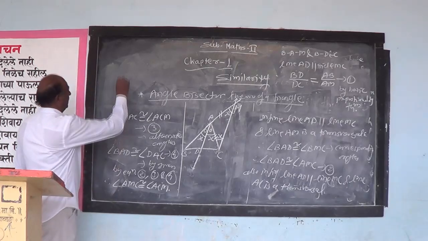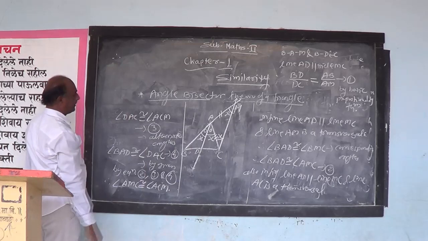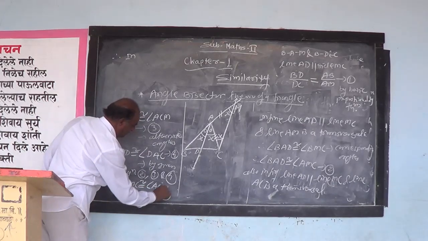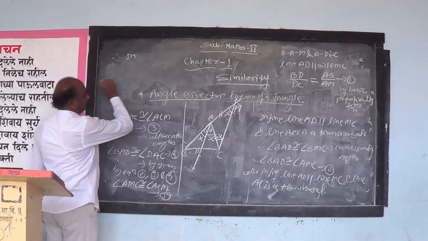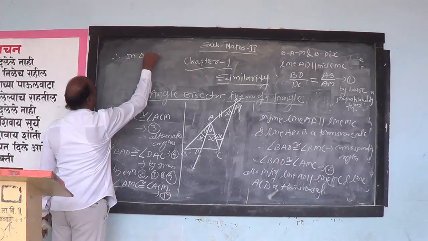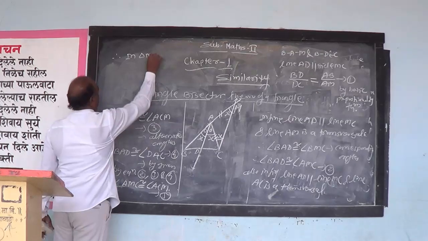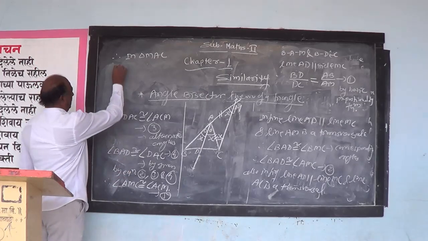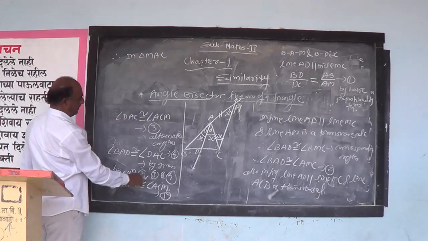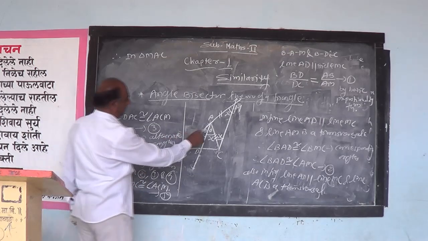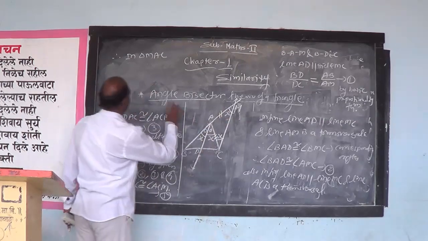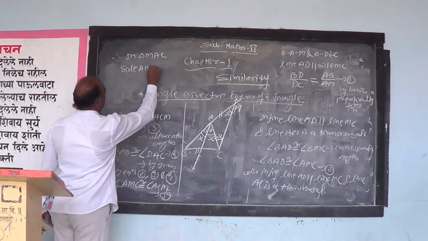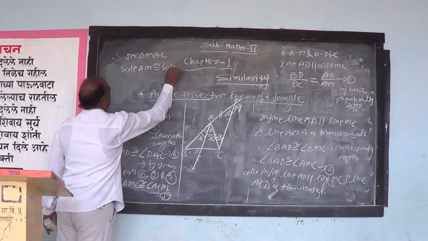Denote this equation number 5. Then in triangle AMC, angle AMC is congruent to angle ACM. Therefore we get side AM congruent to side AC.